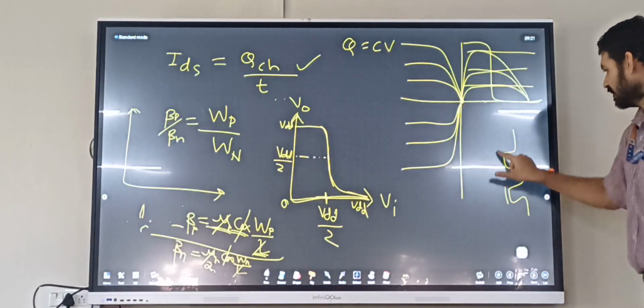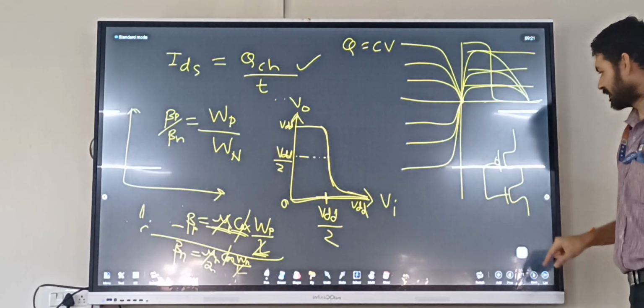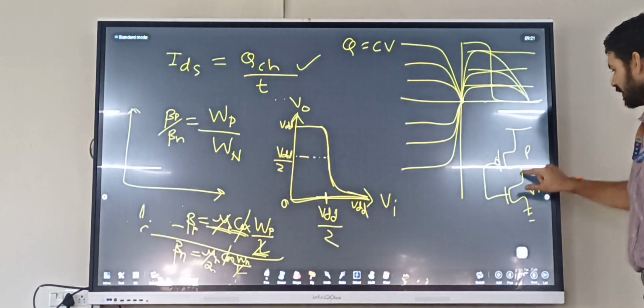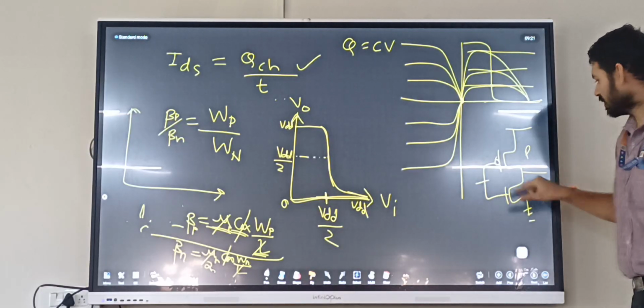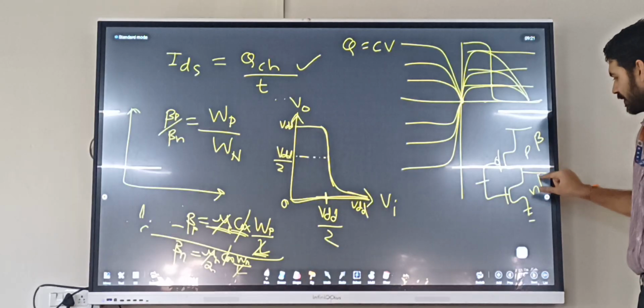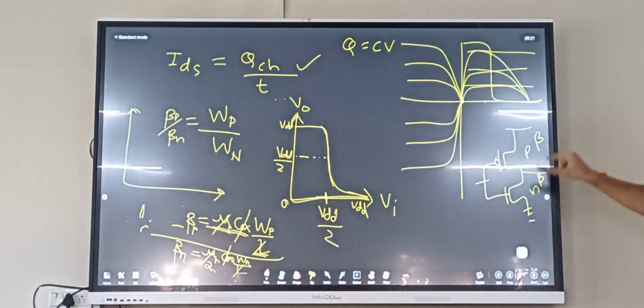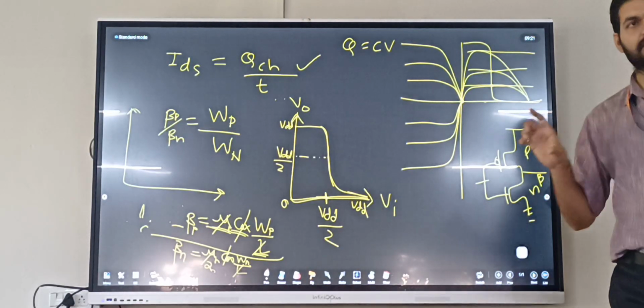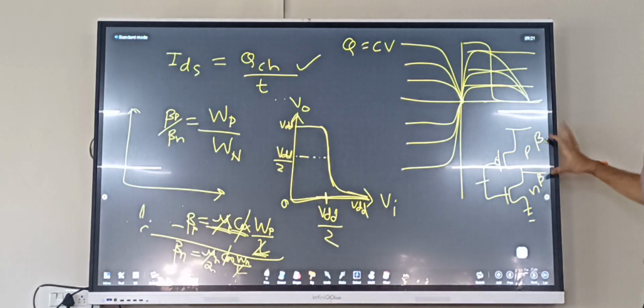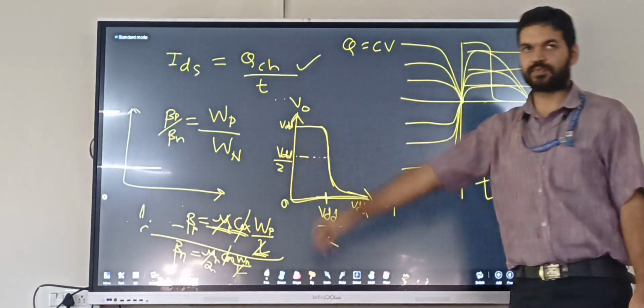For an inverter, I have only 2 MOSFETs. So one is P, one is N. Like this. So here I can have beta of P and I can have beta of N. And with this, we are studying the effect of beta ratio on this graph.